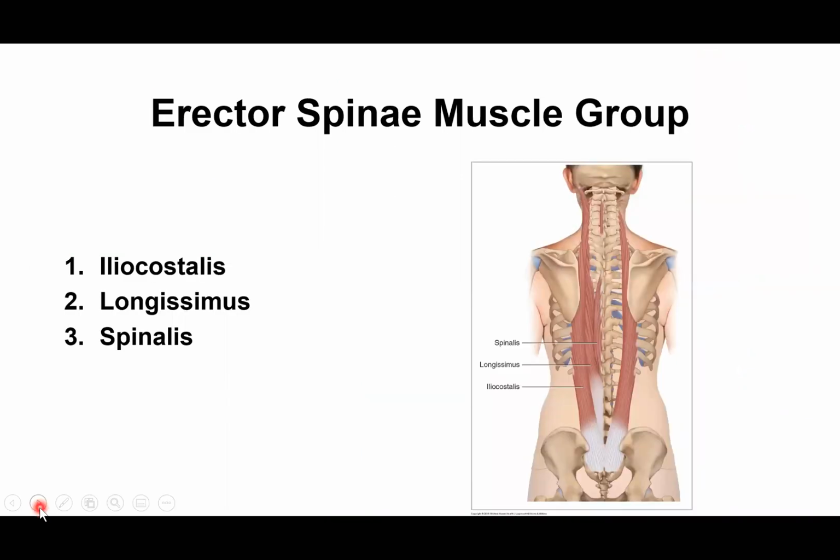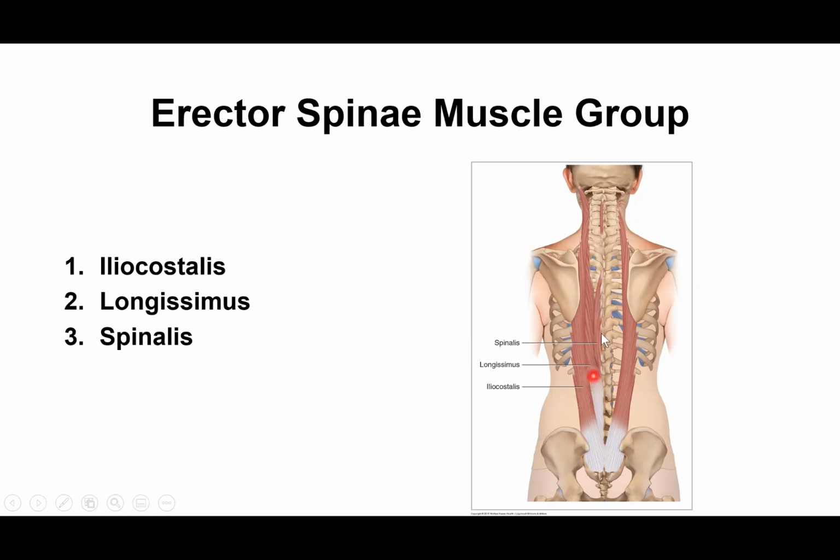So our last group of muscles here to talk about are the erector spinae muscles, and this is going to be composed of 3 different muscles: the iliocostalis, which is the most lateral muscle, the longissimus, which is the middle muscle, and then the spinalis, which is the one that's located right on the spine. Okay. So we've got ILS and spinalis.